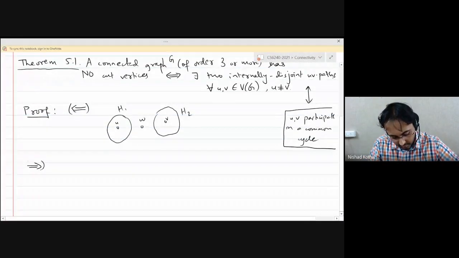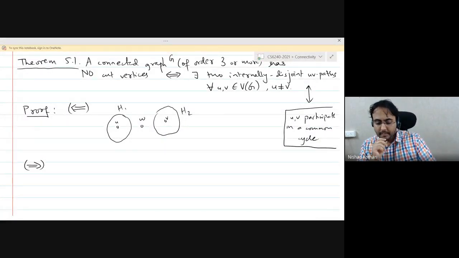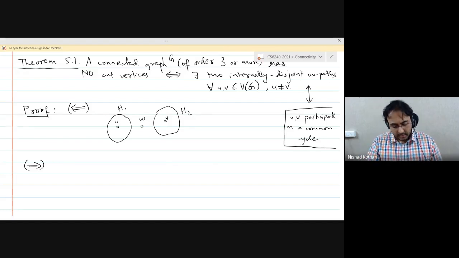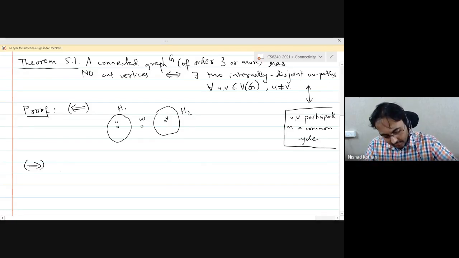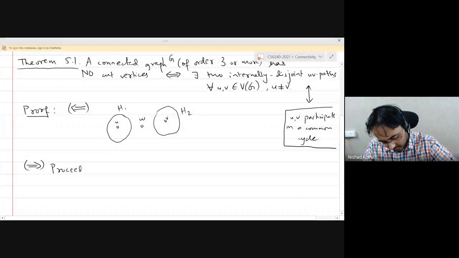Let's go to the forward direction. Is the reverse direction clear? We are assuming that there is a cut vertex W, and now take U in one component and V in another component of G minus W. Good. So let's prove the forward direction, and we are going to proceed by induction on the distance between the two vertices.